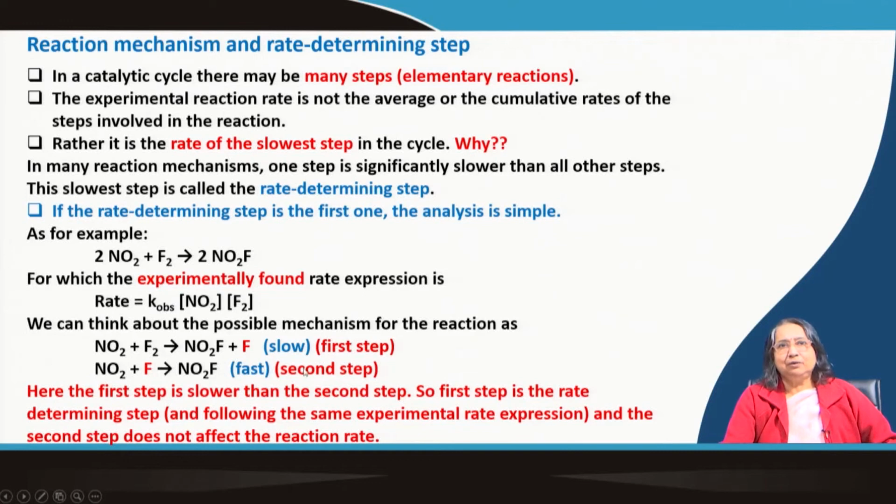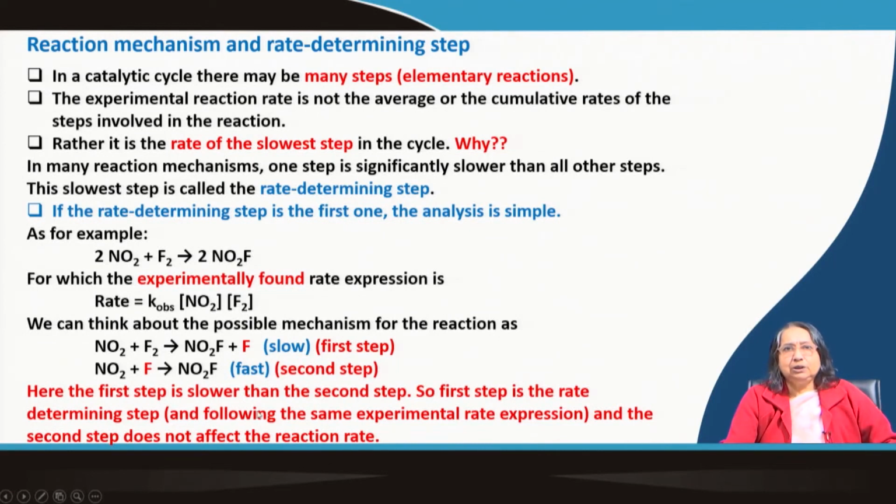So, this is our speculated mechanism, and if this is true, meaning if we have thought of the correct mechanism, then the slowest step is the rate determining step. So, according to this, what should be the rate expression? It should be rate is k observed into concentration of NO2 and concentration of F2. So, it is matching.